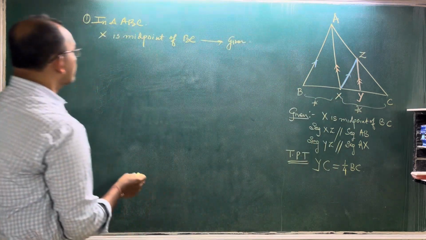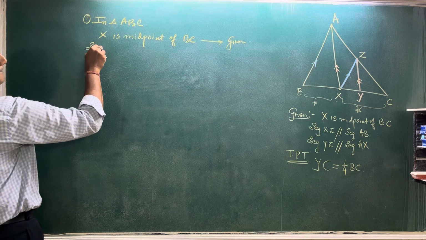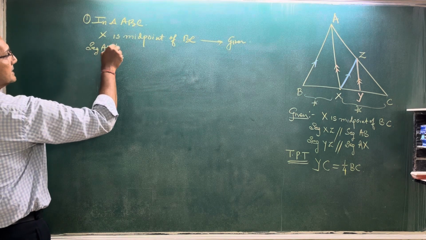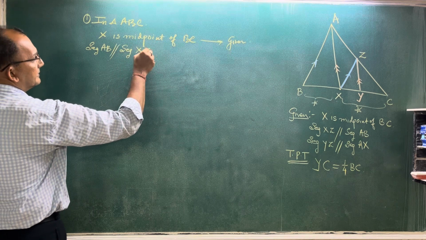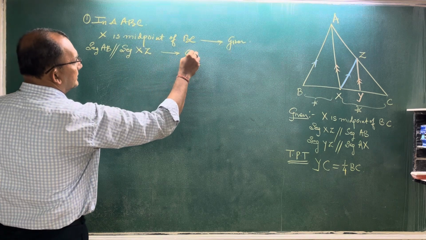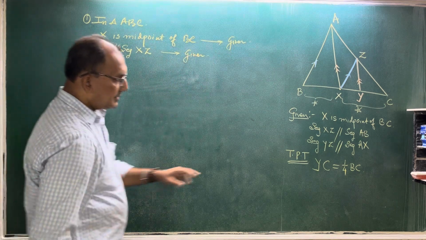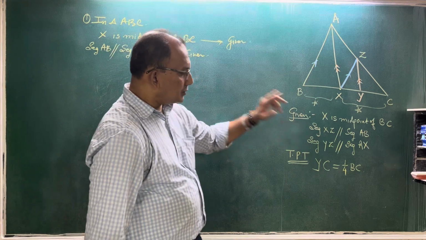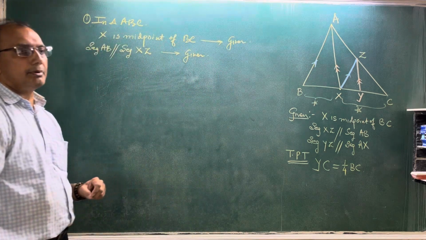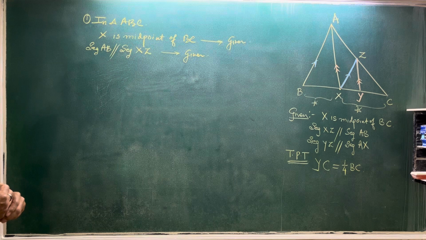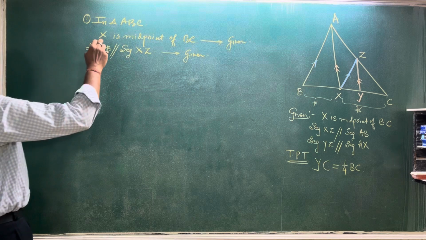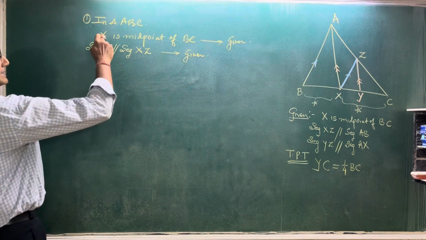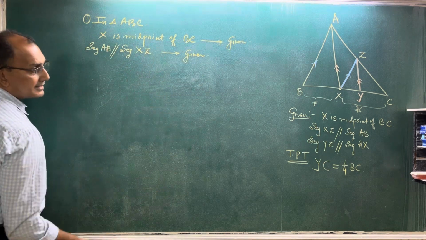So it is seg AB is parallel to seg XZ. This is given. Can you see this? So do you recollect something, which theorem we can apply? It is converse of midpoint theorem. If a line is parallel and bisects the first side, it will bisect the second side also.